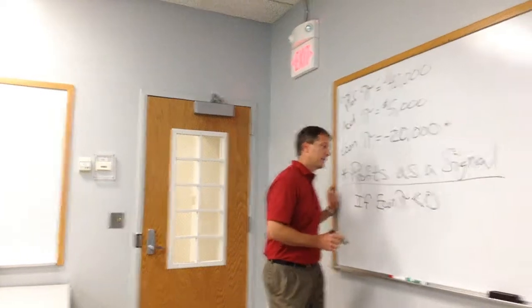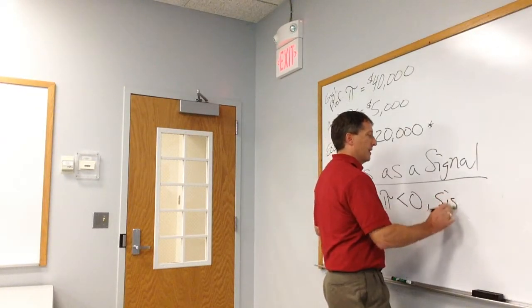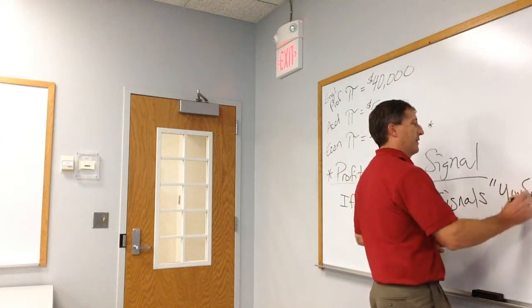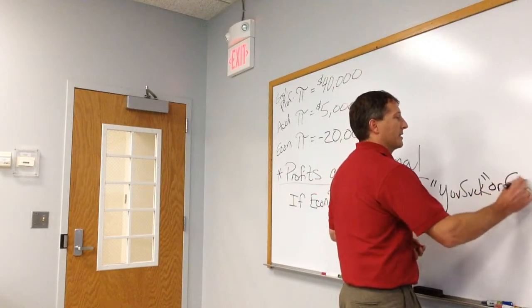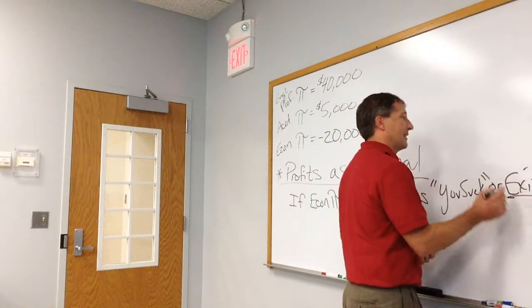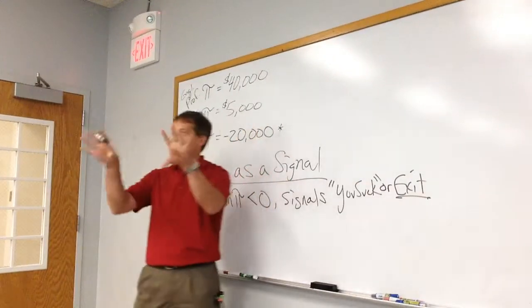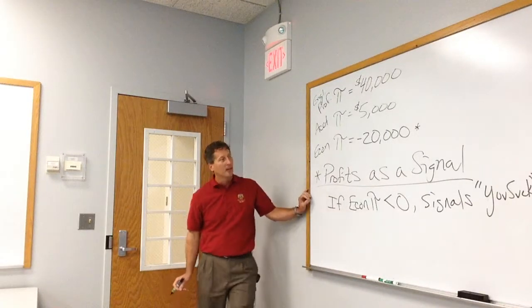If economic profits are less than 0, then that signals you suck. That's a little harsh, isn't it? Or we can also be a little more friendly here and tell the professor to exit. Get out. Go do something else. You've got another alternative that's better.